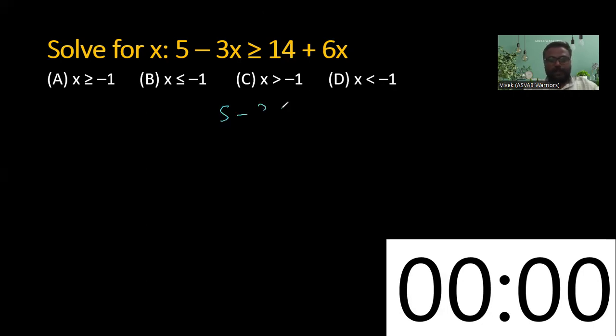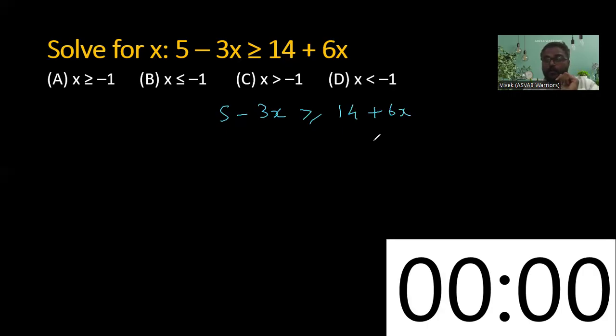5 minus 3x greater than or equal to 14 plus 6x. Now, the first thing that we are going to deal over here is you need to sort the term with variable.